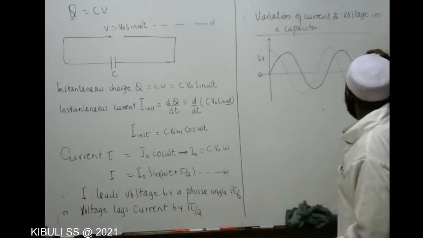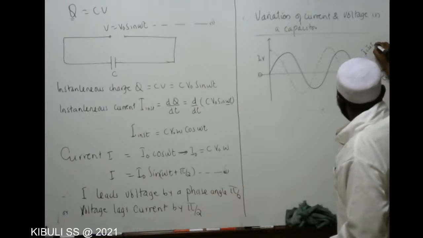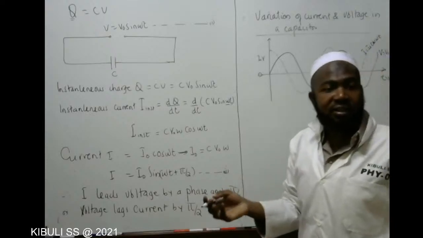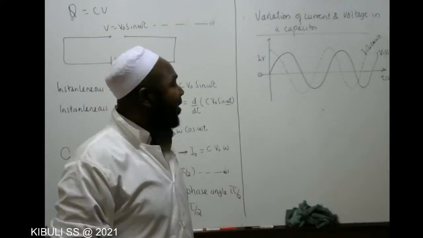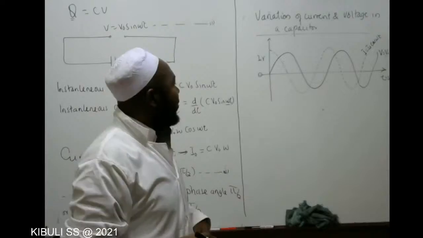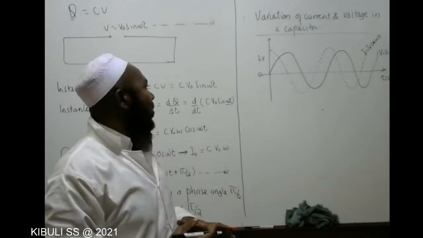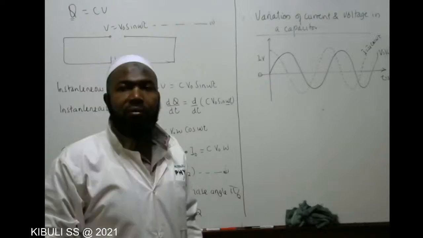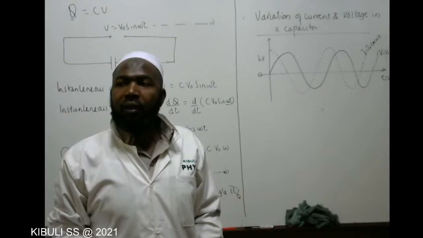So this is the expression for current, which is I equal to I naught cos WT, or you can say sine WT. So if you are told to draw a graph to show the variation of current and voltage, that is the graph you draw.